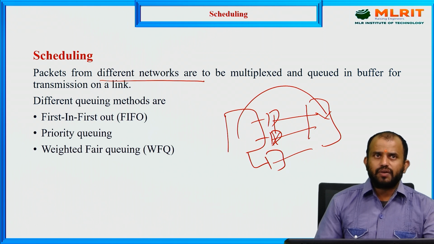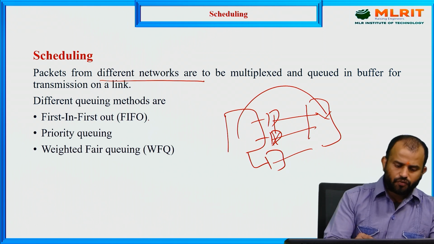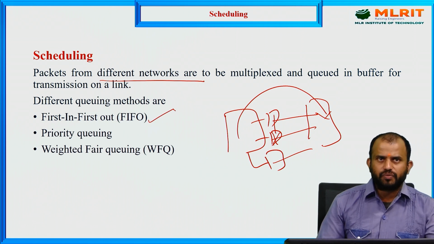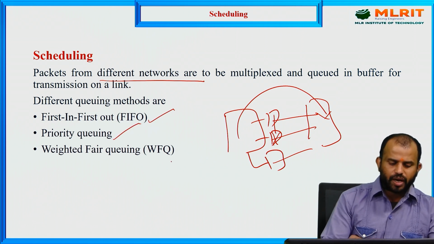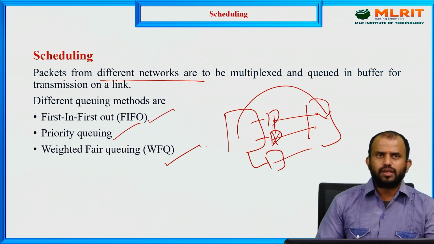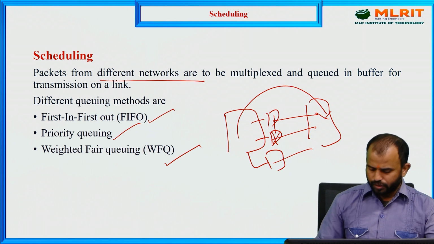We use different kinds of queuing methods: FIFO, which is first in first out, priority queuing, and WFQ, weighted fair queuing. So we have three mechanisms: first, first in first out; second, priority queuing; third, weighted fair queuing.